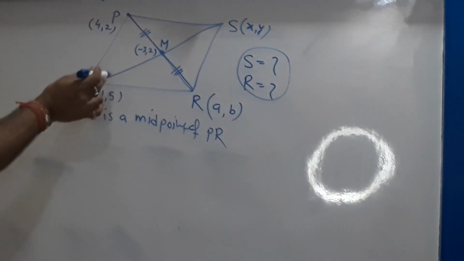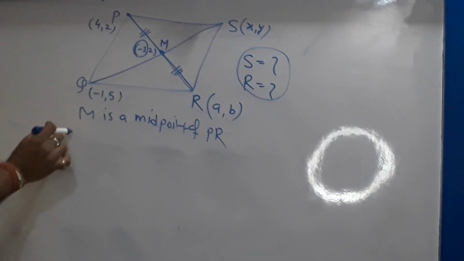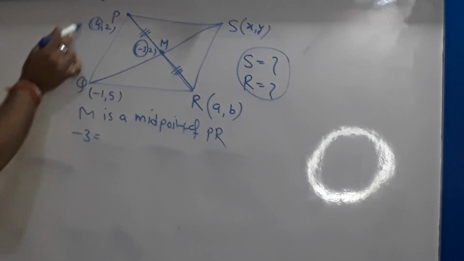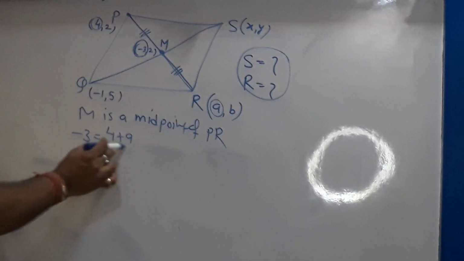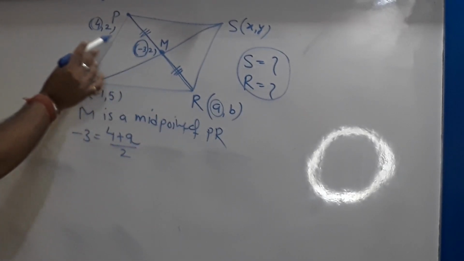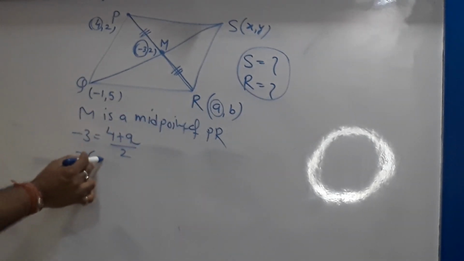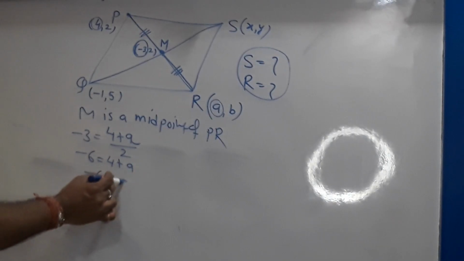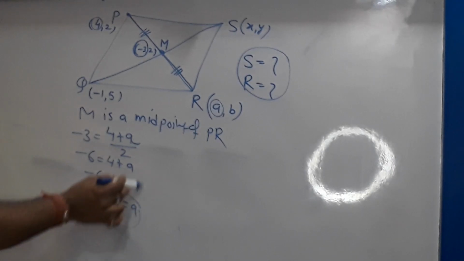So apply the midpoint formula. Consider the first coordinates: -3 is equal to (4 plus a) upon 2. Cross multiply: -6 is equal to 4 plus a, so a is -6 minus 4, which is -10.